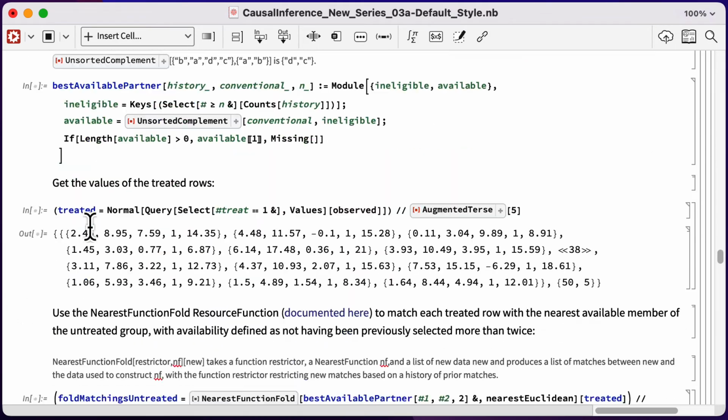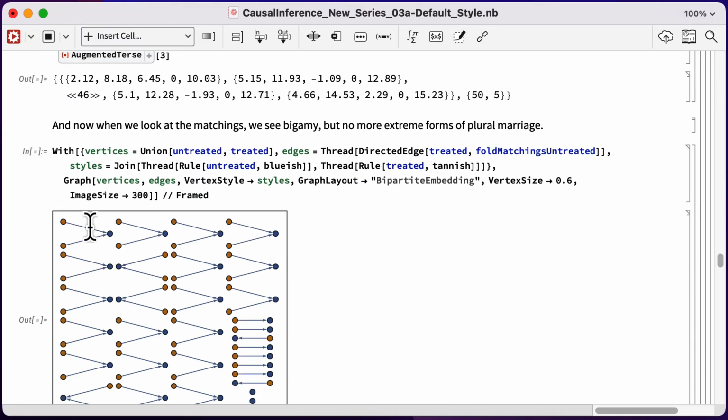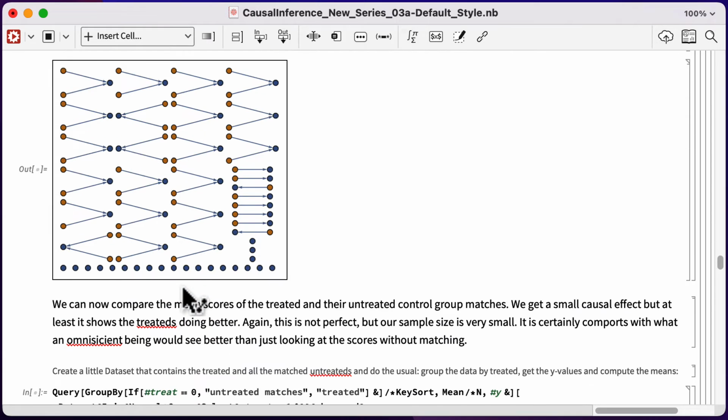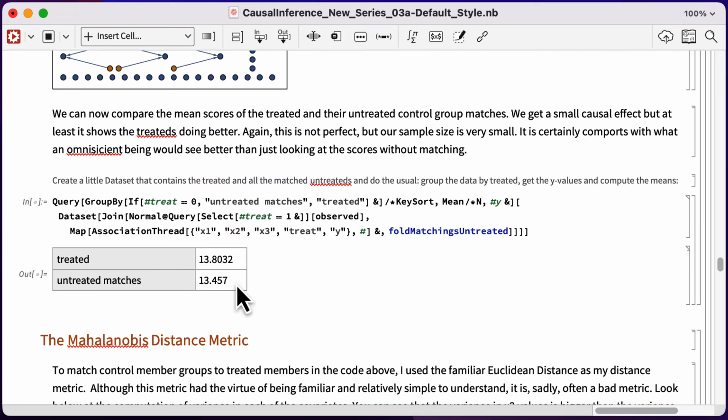I'm going to show you the picture where maybe you can only be dated by 2 people at most. And so if the person who's nearest you has already been taken up by 2 people, you've got to move on to your second choice. And when you do that, you can see that we do still get an effect in the right direction, but it's not quite as good.